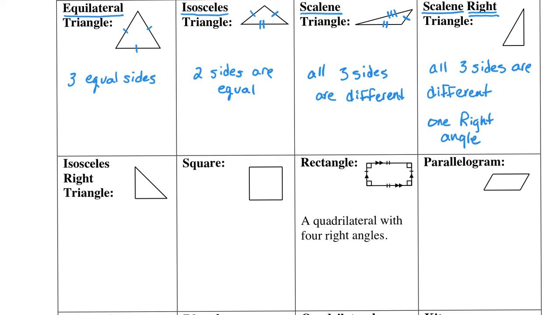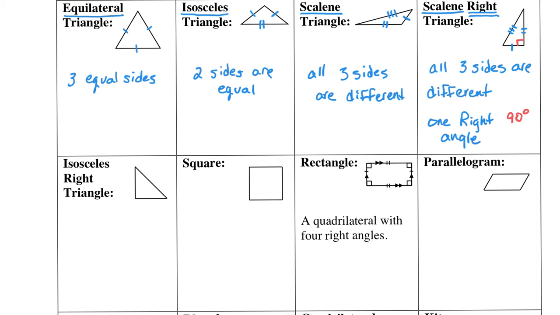So we're going to mark the sides again because all three are different, but then we also want to mark the right angle, and the right angle means it's a 90-degree angle. So a right angle means it's 90 degrees, and we always put a little square in the corner that's a right triangle.